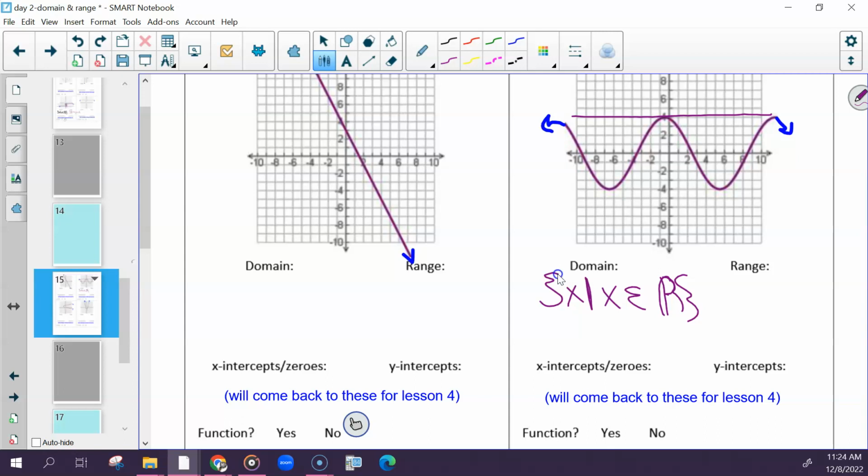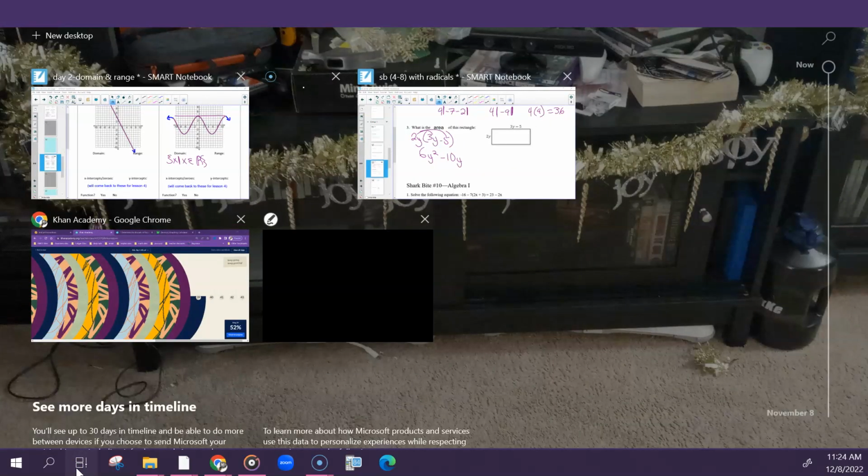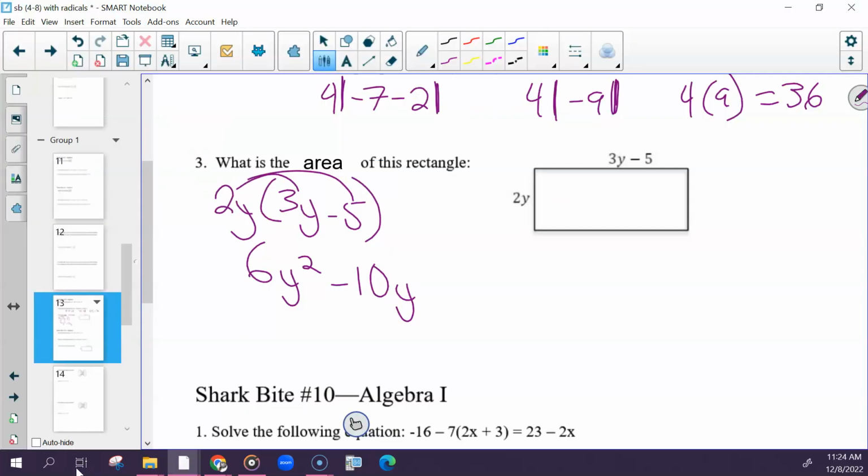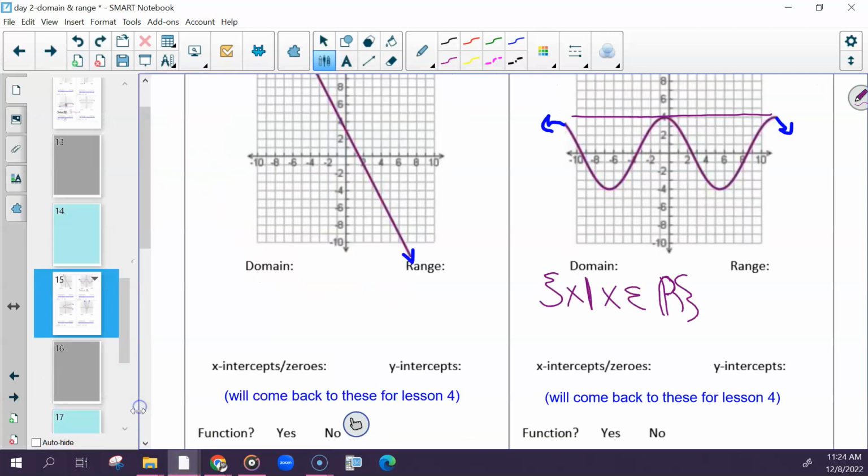Cameron? Is -4 the lowest? Yes. So between those two numbers, how would we write our range? Lily?